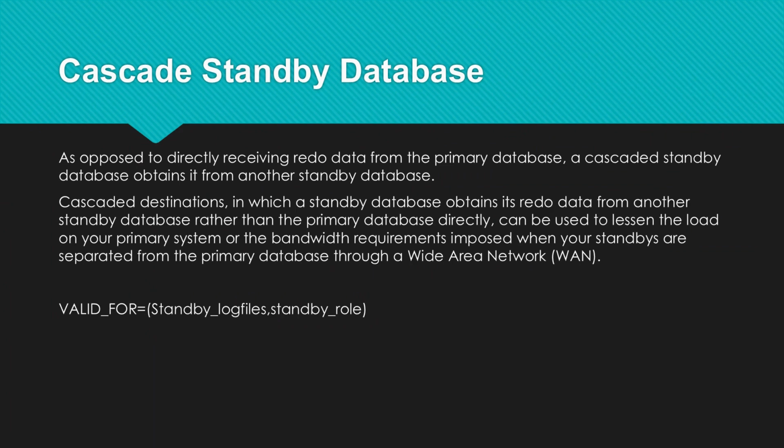So we can synchronize another standby database from one standby database to another standby database. Cascade Standby Database is basically a replication between standby to standby environment. So let's start.